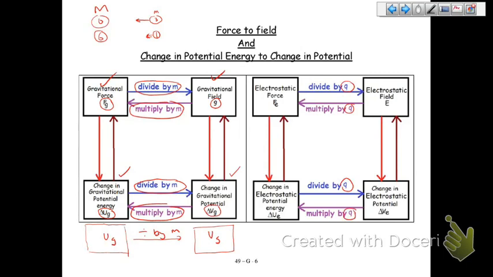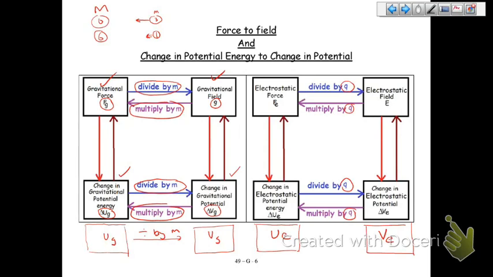And again, we can introduce this idea that sometimes we don't want to talk about a height difference, we want to just talk about the height. So we can talk about my electrostatic or electric potential energy at a point, and I can talk about my electrostatic or electric potential at that point.